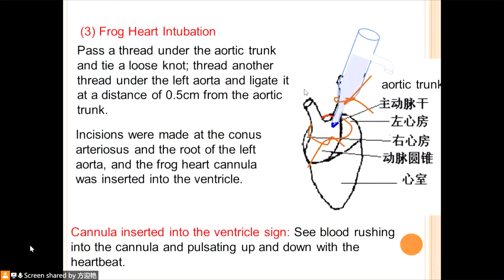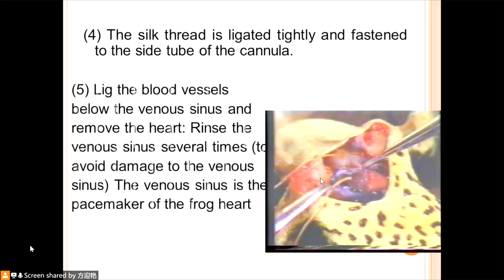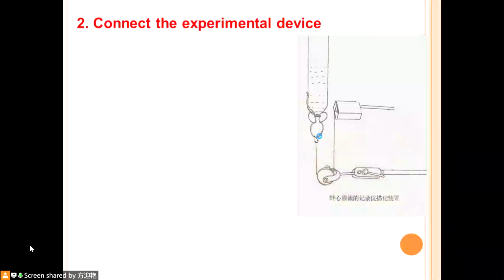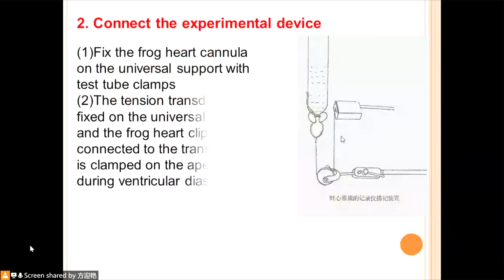This is the trunk, and the heart is pumping the blood into the cannula.